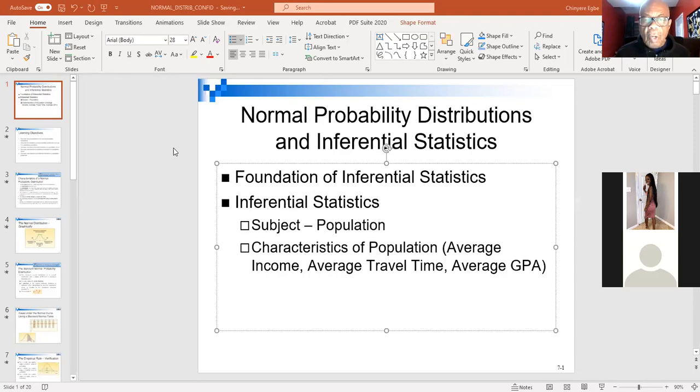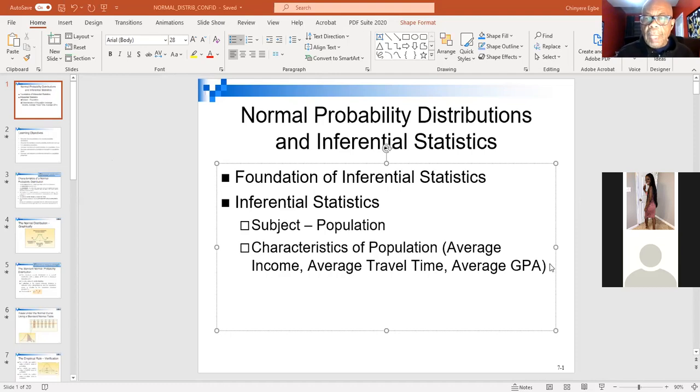Okay. So you want to describe the characteristics of this population. What is the average income of a McGivers College student? What is the average travel time to school? What is the average GPA? These are characteristics of a population.